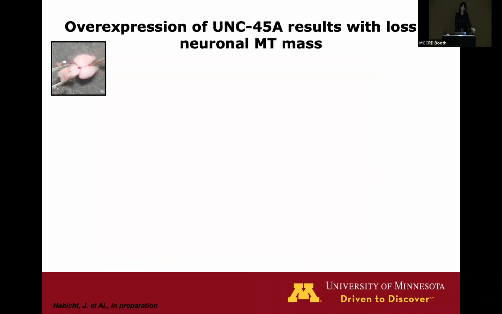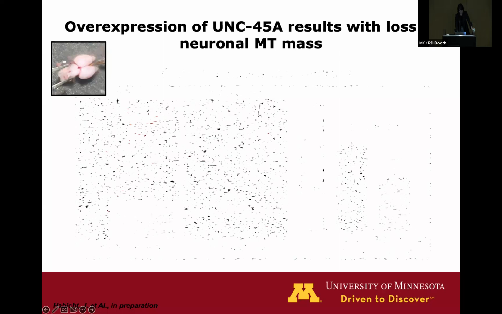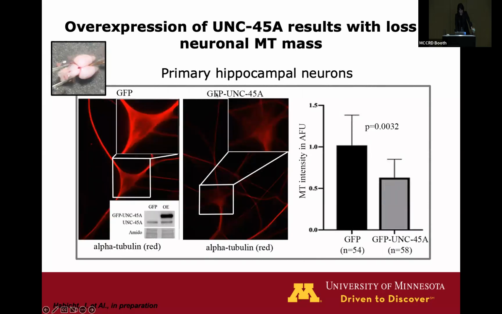So now the question would be, does ANC45 mess around with the microtubule mass in neurons, right? Neurons are cells that are overall different from any other cell, so it's best to make sure that that is the case. So those are primary hippocampal neurons.